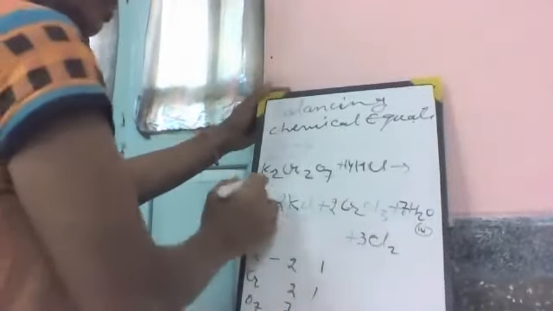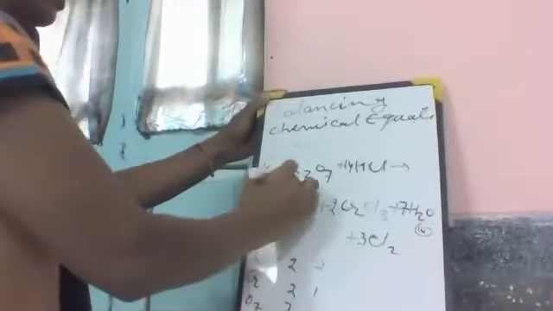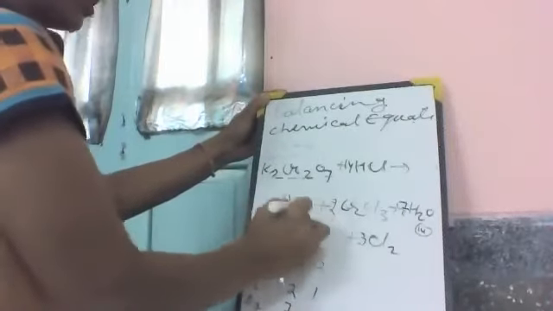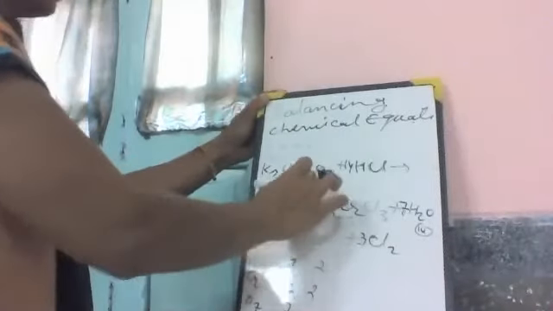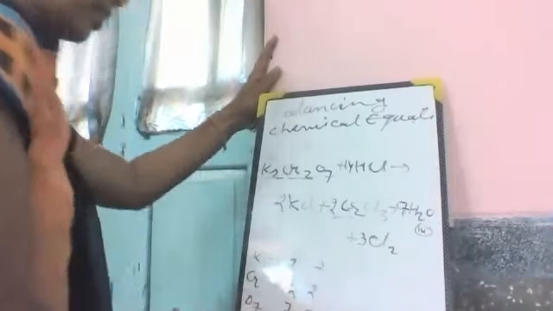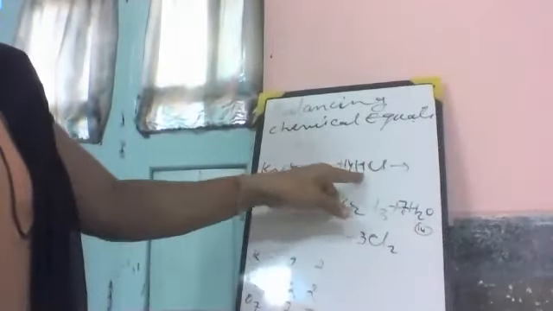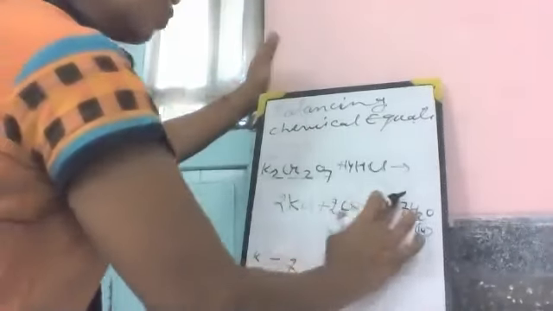See, the number of potassium is 2 and 2 after balancing. Number of chromium is 2 and 2. Number of oxygen is 7 here and 7 there. Then the number of hydrogen is 14 and 14.